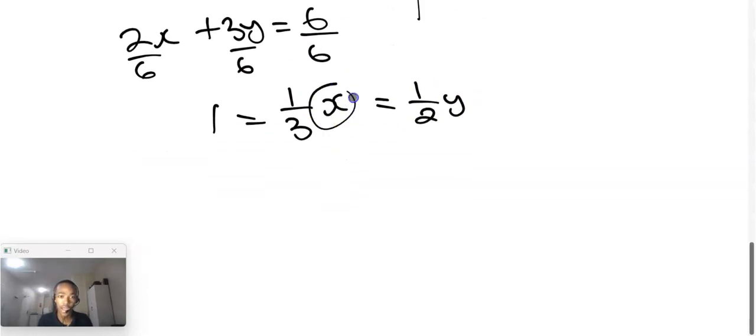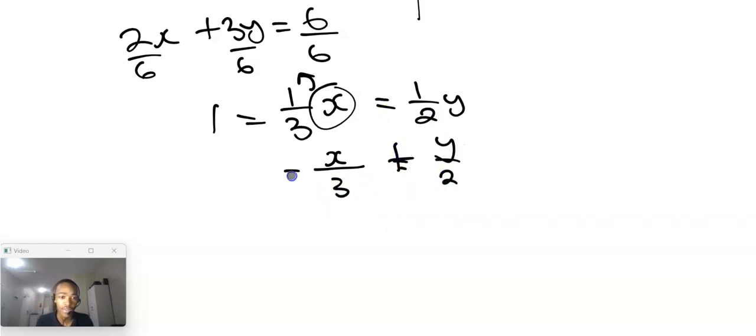Now we have to put the x on top, so this is basically x over 3 plus y over 2, I'm sorry about that, which is equal to 1.